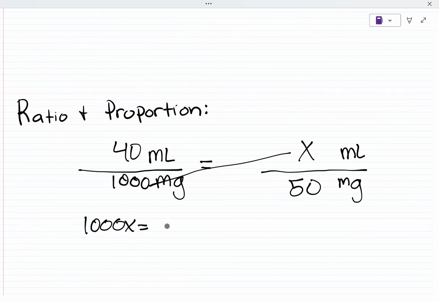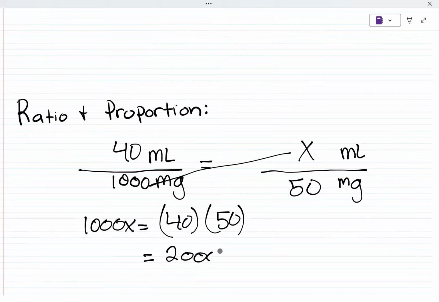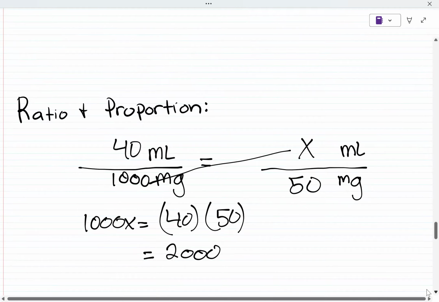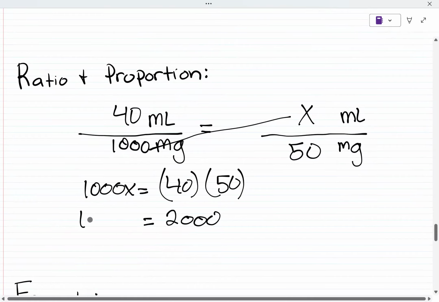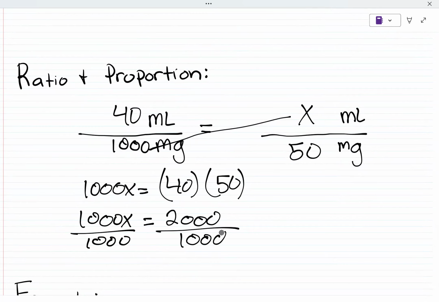And then it's 40 times 50. And then 40 times 50 is 2,000. And then this is 1,000, x equals 2,000 divided by 1,000. The zeros cancel and you're left with 2 milliliters.